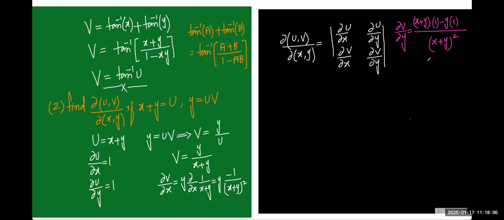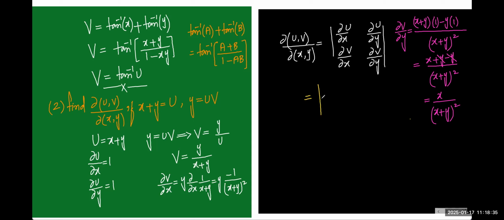So our answer will be x plus y minus y divided by x plus y whole square. Plus y and minus y cancel here. We get x by x plus y whole square. These answers we simply put here to get the final answer.